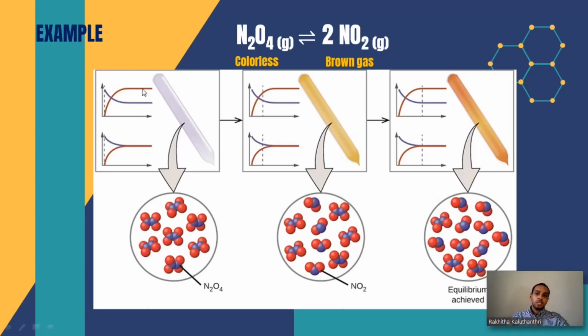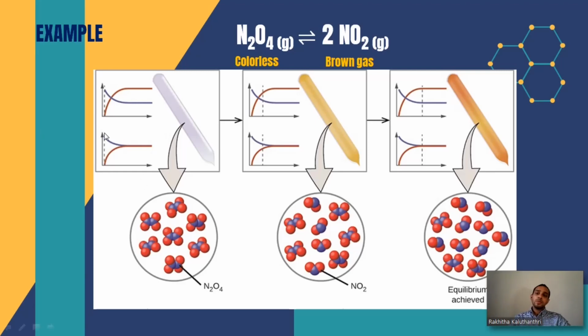But at one point, these concentrations become constant. It doesn't keep increasing or decreasing. Why is that? To look at why that happens, we can take a look at the rate versus time graph. Concentration and rate have a direct relationship. When concentration is high, the rate will be high, and when concentration decreases, the rate will also decrease.